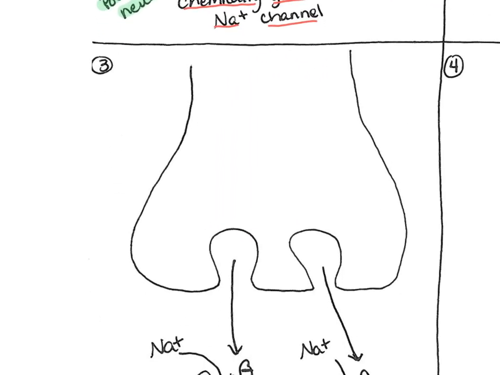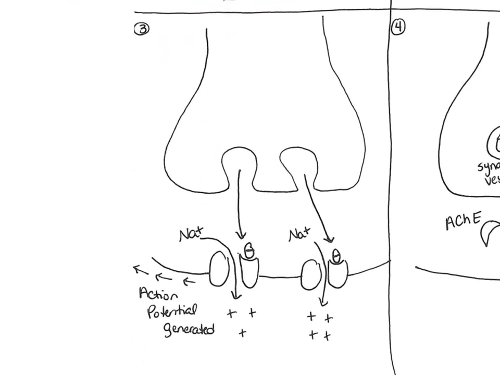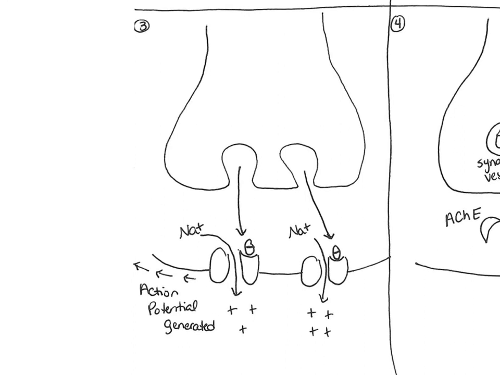The third step then is after calcium has caused the exocytosis of ACH, and ACH travels across the cleft and binds to its receptor, that opens up those sodium-gated channels. We're back to where we started.